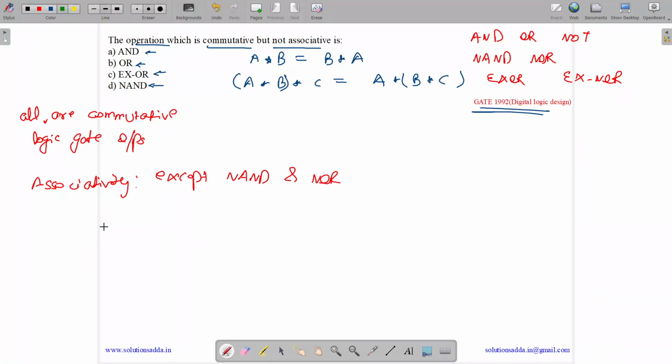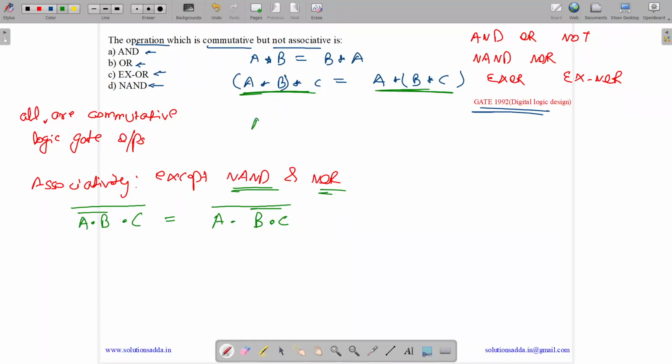Okay, so first let's see how NAND and NOR are not associative. So we have A NAND B. See, what is a NAND operation? NAND operation is AND complement. So (A NAND B) NAND C equals this, and then we have A NAND (B NAND C). So B NAND C is the AND complement, then A comes over here, it becomes like this.